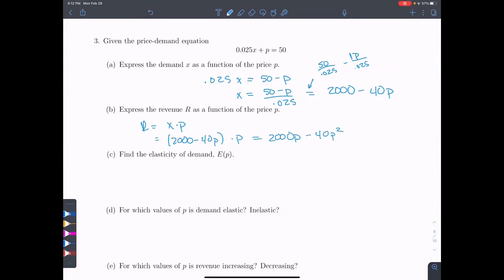Okay, and then elasticity of demand is negative p times f prime of p over f of p. So we're looking at negative p times f prime of p. This is f prime of p up here. So that would be negative 40 divided by f of p, so 2,000 minus 40p.